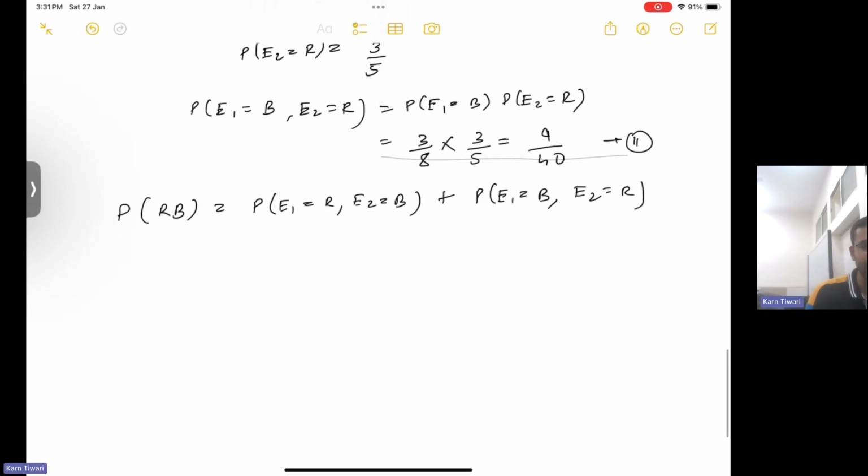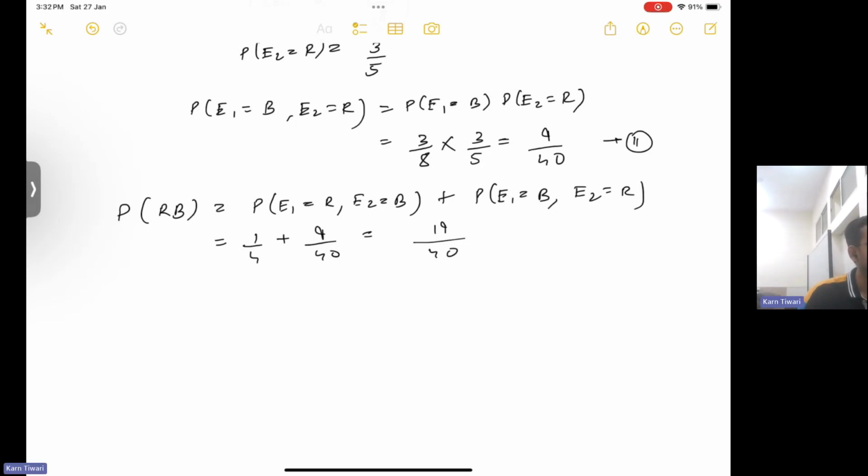Just remember this point, as these are the only two cases. Then it's equivalent to 1 by 4 plus 9 by 40, which if you do the calculation, will be 19 by 40. So that's option D in the question.